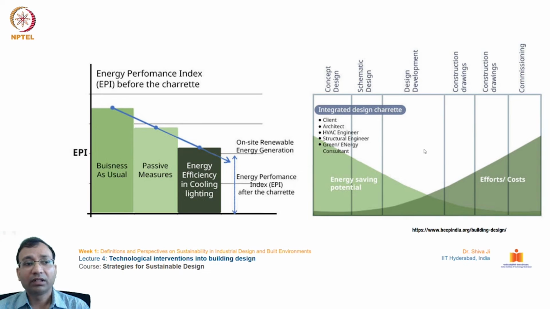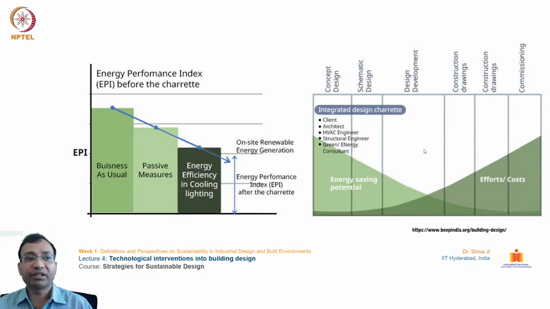In this figure we can see the energy performance index, EPI, before, and in the second one we can see how it has helped stage wise, in the designing and construction of these buildings. So how do these efforts and costs maximize the gains? In the first one, the energy performance index, if we go as usual, it stands at 1.